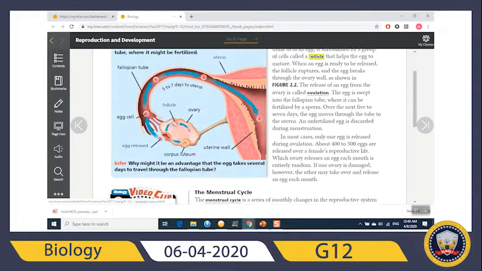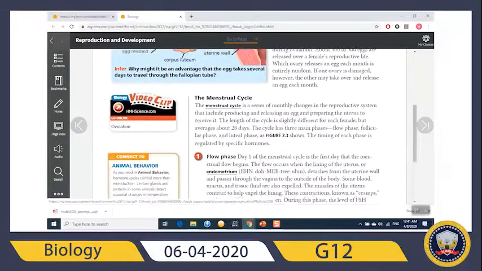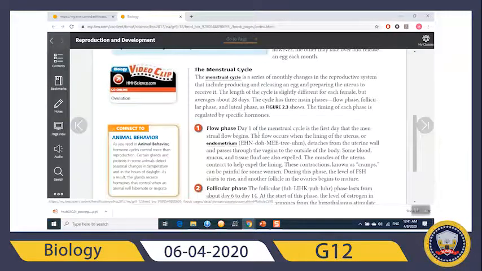So the menstrual cycle is basically the process of preparing the egg, releasing the egg, and preparing for fertilization. Now, if fertilization does not occur, then the cycle will restart. This is what happens to females every month during the few delightful days they have.